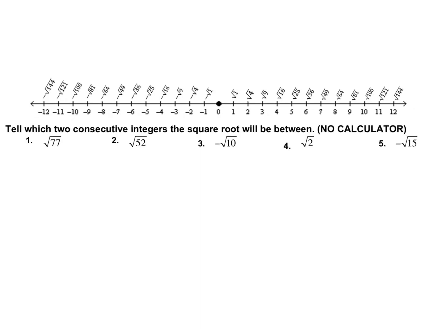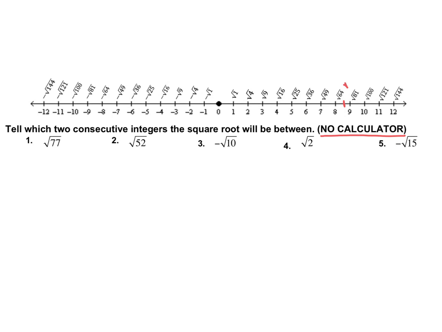All right, so tell which two consecutive integers the square root is between. And now this is something we're not supposed to be using calculators on. We can use our calculators on almost everything, but this is a non-calculator standard. So we need to find where the square root of 77 is between which two of these. So let's go ahead and locate where the square root of 77 is.